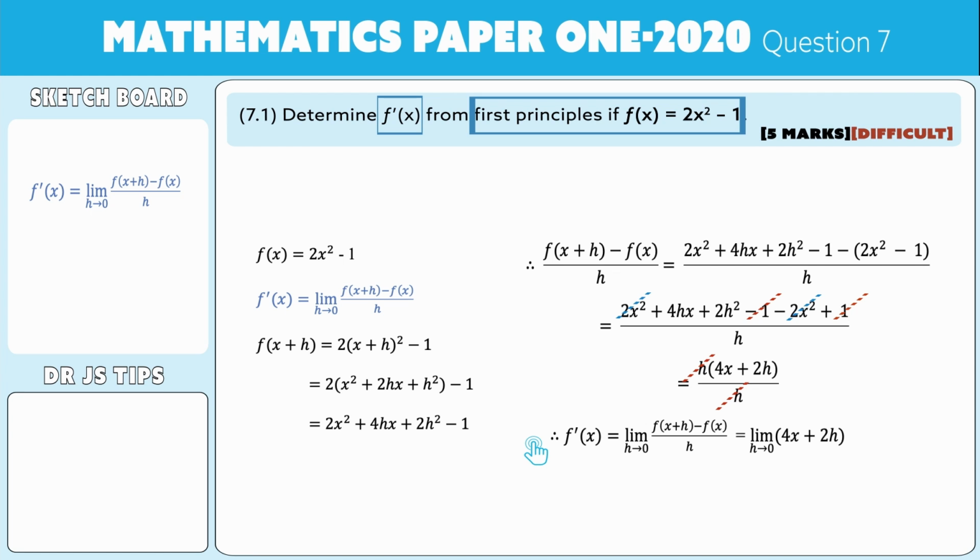Remember to put it in a bracket. The h becomes 0, and that limit is 4x. So by first principles, you showed that if f of x equals 2x squared minus 1 and I differentiate it, it gives me a derivative of 4x.